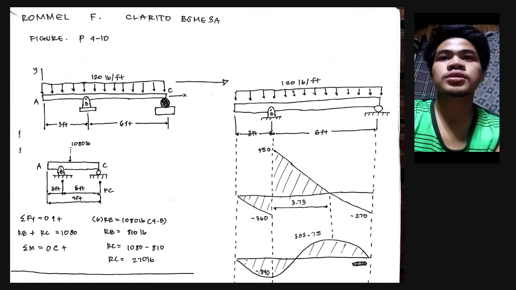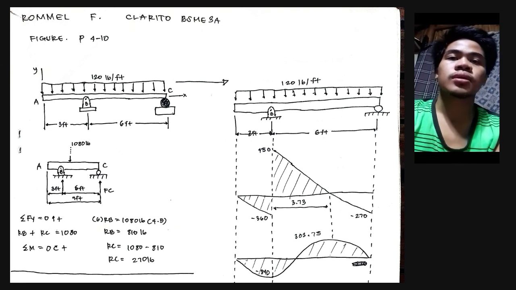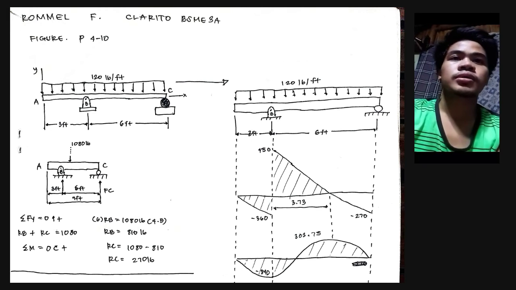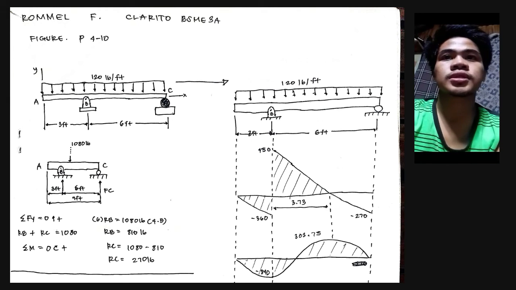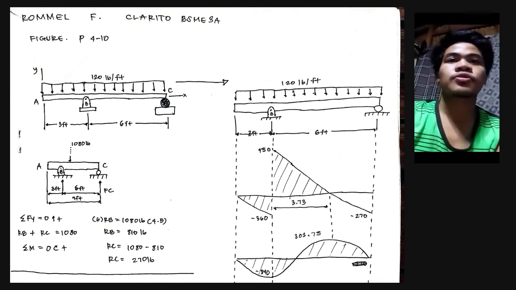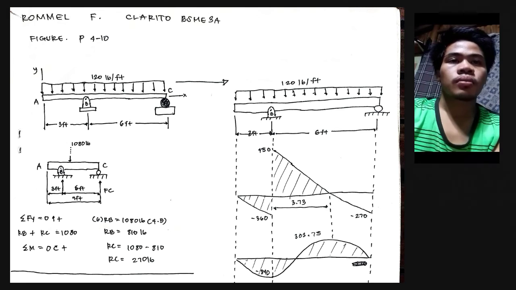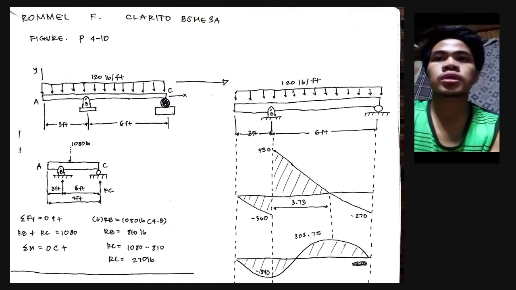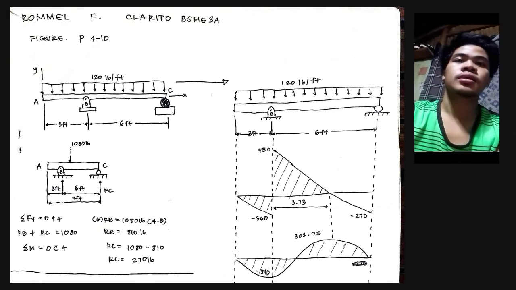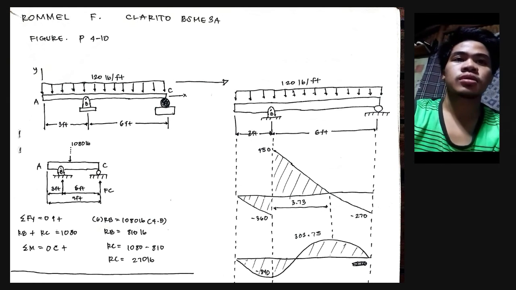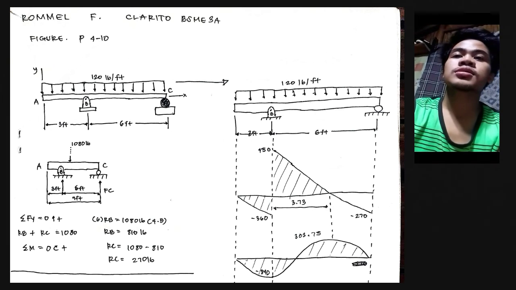For the pin support and also the distance given, by setting the summation of vertical forces equal to 0, positive upwards, RB plus RC would be equal to 1,080 pounds, and then summation of moment is equal to 0, with counterclockwise as positive.